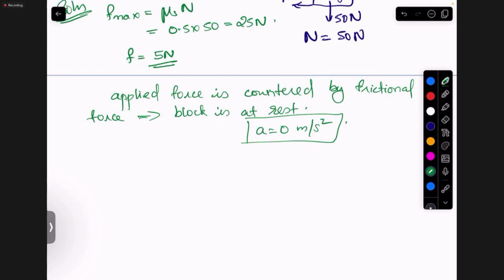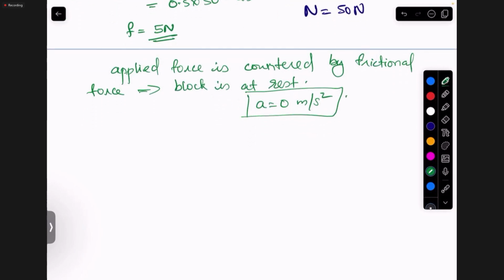The other case is where the applied force is larger than the limiting friction. Then another friction comes into play, which is Fk, kinetic friction. You calculate that value using mu k, the coefficient of kinetic friction, and with that you get the opposing frictional force in the problem. Then you calculate the net force, and from the net force you get the acceleration.